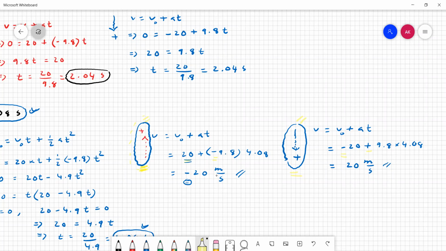Since I am taking upward to be positive in the first case, the final velocity must be a negative number, which I got. Since in the second case I am taking downward to be positive and the final velocity was in the downward direction, we must get a plus number for the final velocity, which I got in the second case.